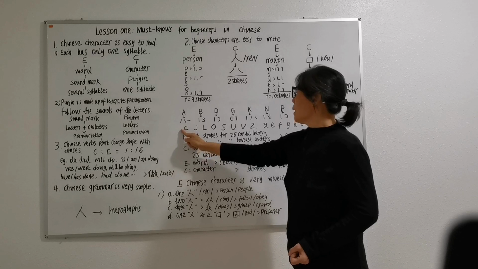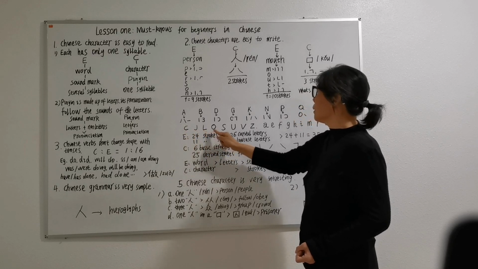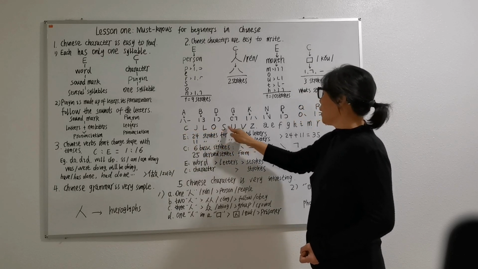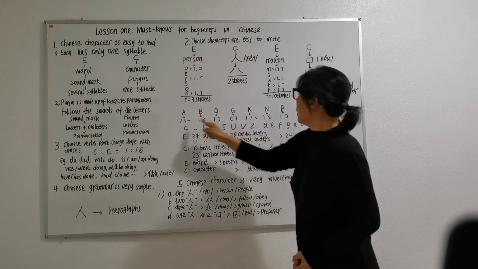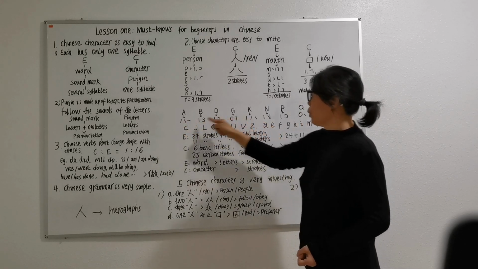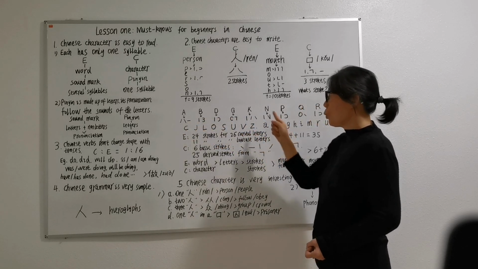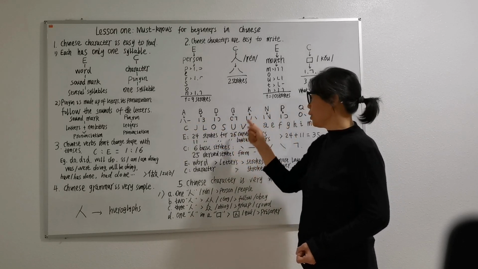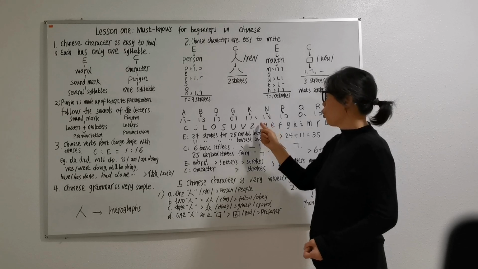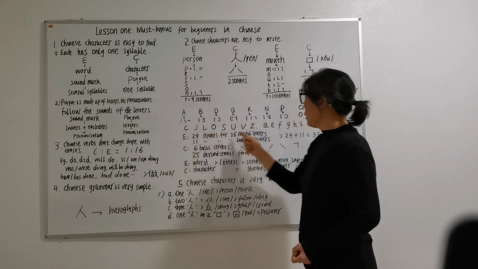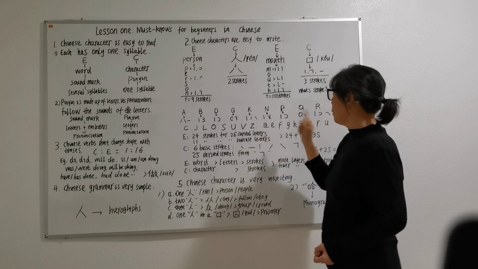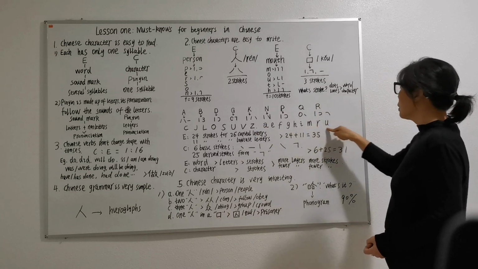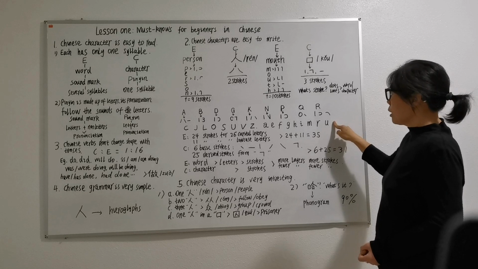And C, G, L, O, S, O, V, Z. These 8 capital letters, each one itself is a stroke. Everyone is very special, very different. And we look at these letters.